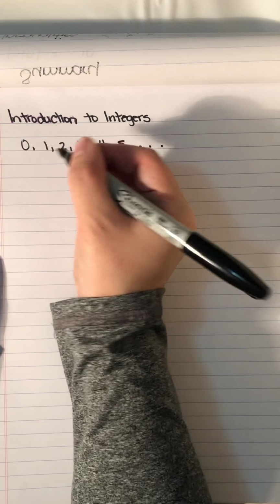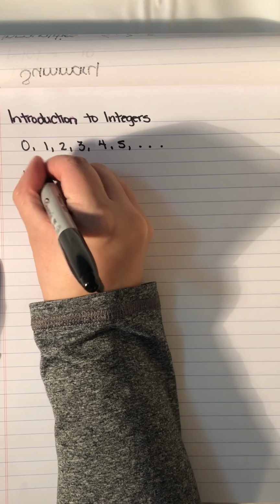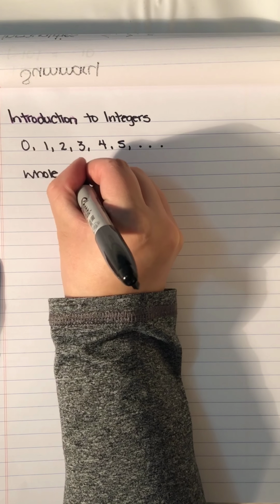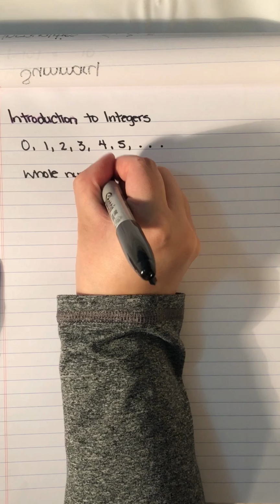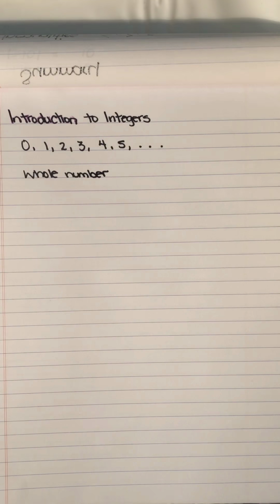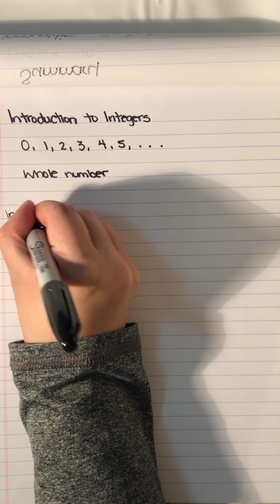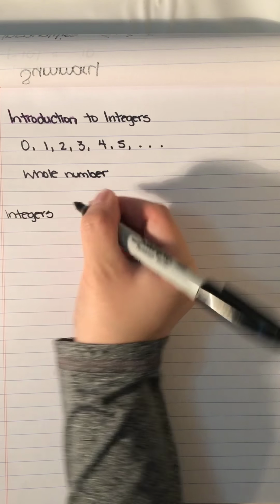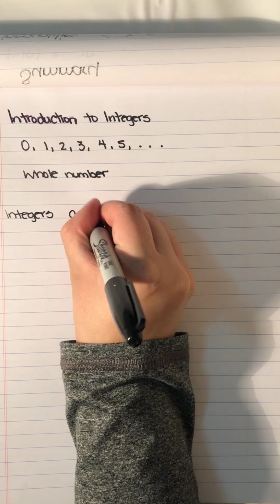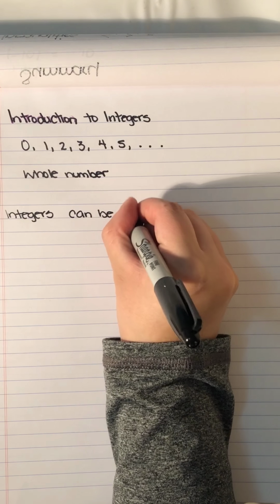We rarely think about negative numbers that are below 0. So an example of the whole numbers would be 0, 1, 2, 3, 4, 5 and above. But integers are numbers that can be positive or negative depending on where they are on the number line.